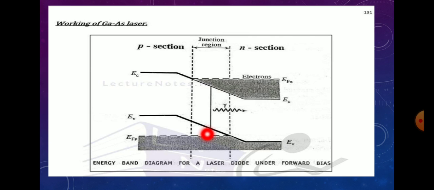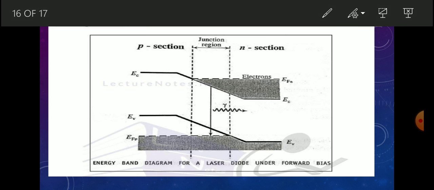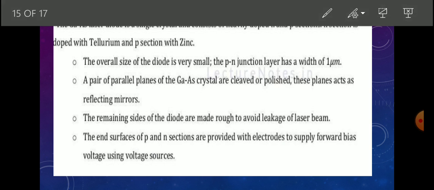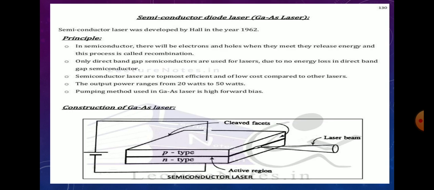The photons emitted by recombination in the depletion region, called the active region. Here three elements come: the active medium, the pumping medium, and the resonant cavity. Let us see them one by one.